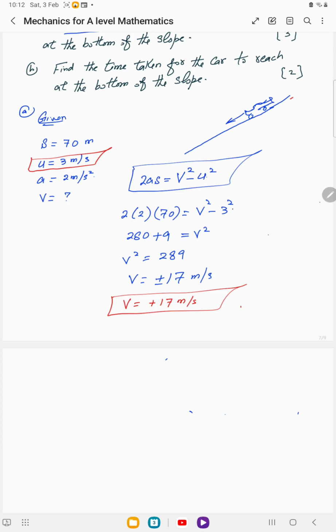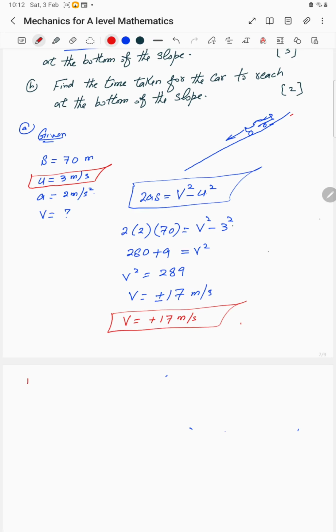Now the second part of the same question we are going to solve, which states: find the time taken for the car to reach the bottom of the slope. Here we are looking for the time taken to reach the bottom, with the distance of the slope the same 70 meter, and acceleration constant, 2 meter per second square.